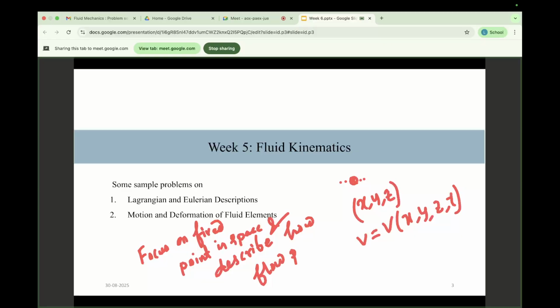What are these fluid properties? The fluid properties are, say, velocity, pressure, density, like this. And it should be over a certain period of time, right? That is the fundamental of this Eulerian approach.